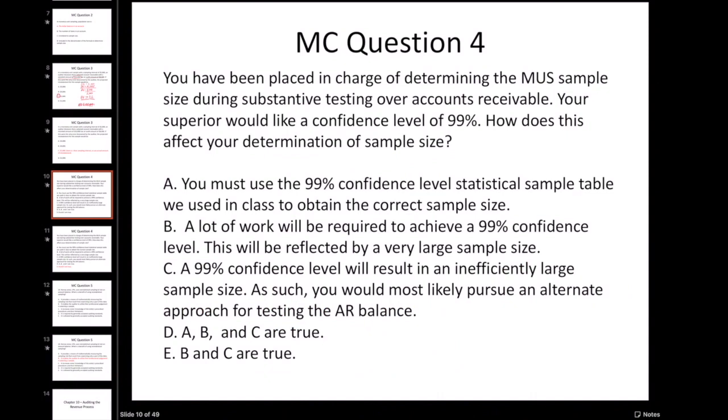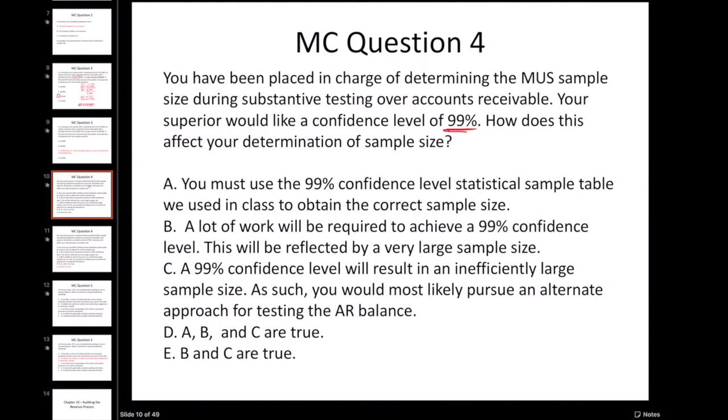You have been placed in charge of determining the MUS sample size during substantive testing over accounts receivable. Your superior would like a confidence level of 99%. How would this affect your determination of sample size? A says you must use the 99% confidence level statistical sample table we used in class to obtain the correct sample size.